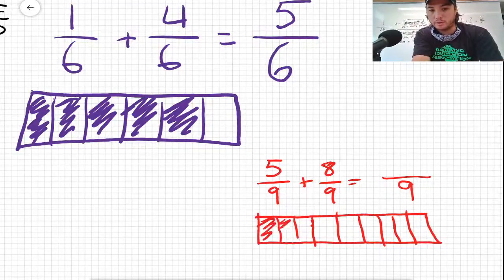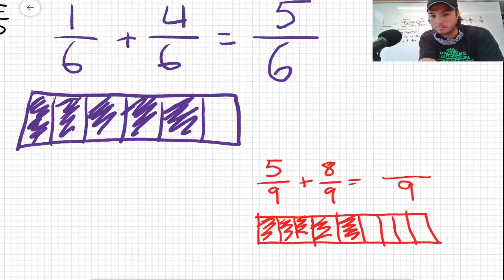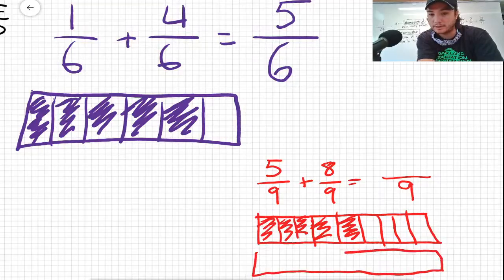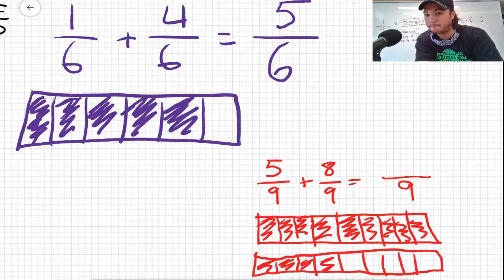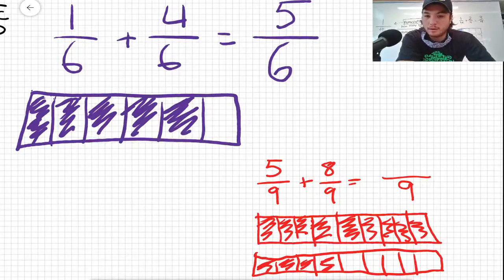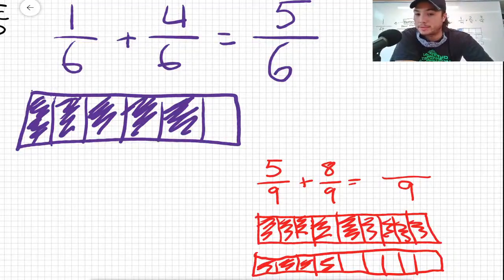So we've got 1, 2, 3, 4, 5 plus, so we're going to go greater than 1 because we don't have 8 more 9ths left. So we're going to draw our second fraction bar. Now we're dealing with 2 rather than 1. And then we can go 1, 2, 3, 4, 5, 6, 7, 8. All right, and remember, our denominator stays the same. We're not changing the size of our piece.